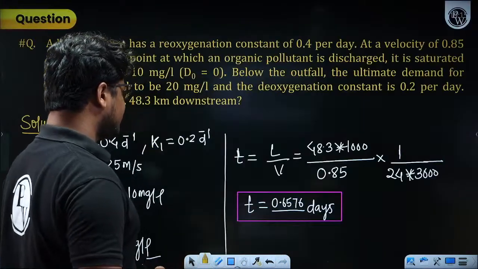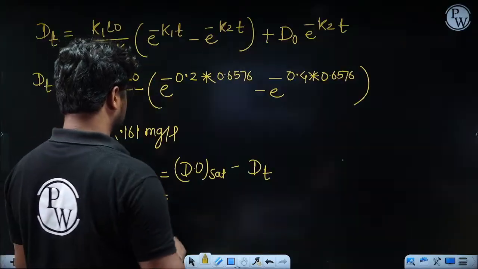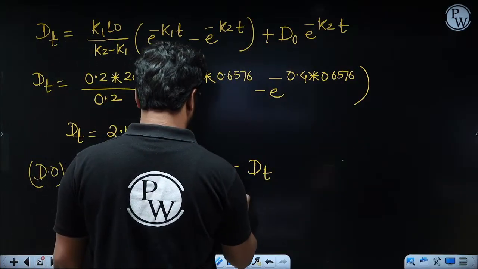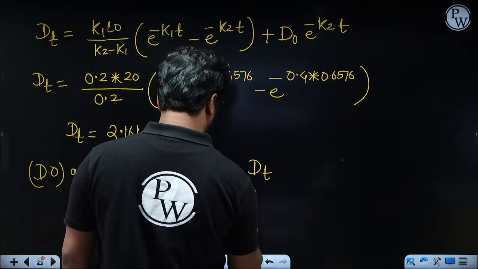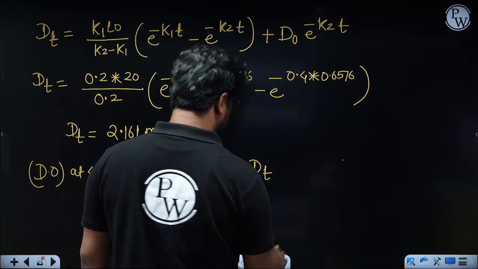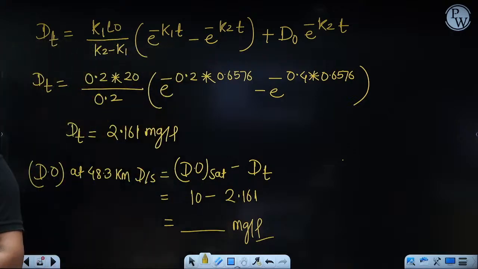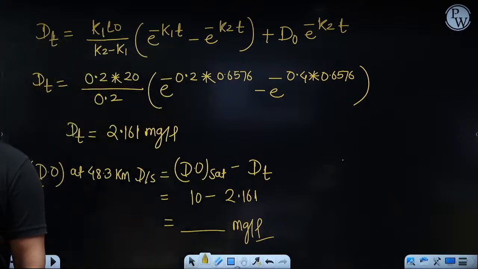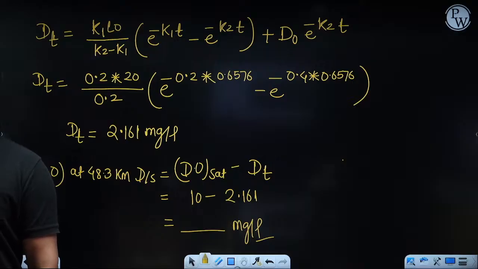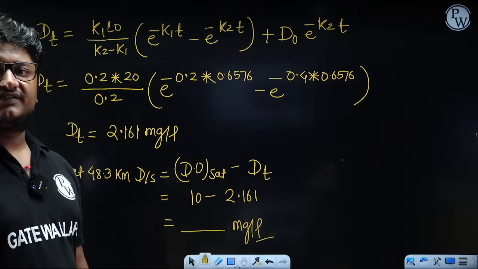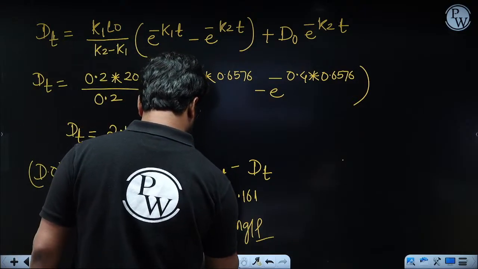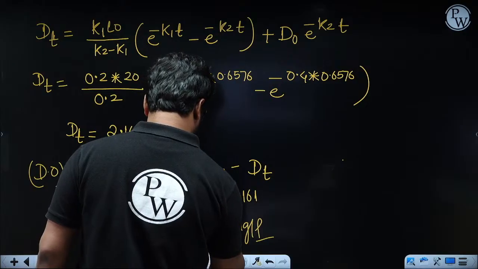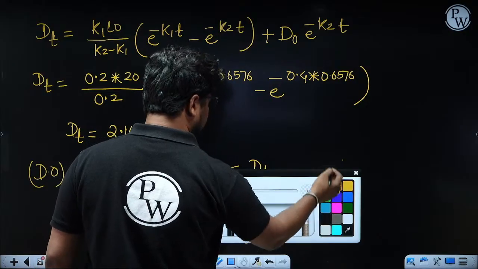DO saturation is 10, minus Dt is 2.161. Finally, how much will you get? 7.84, according to Priyanka. Approximately 7.84.